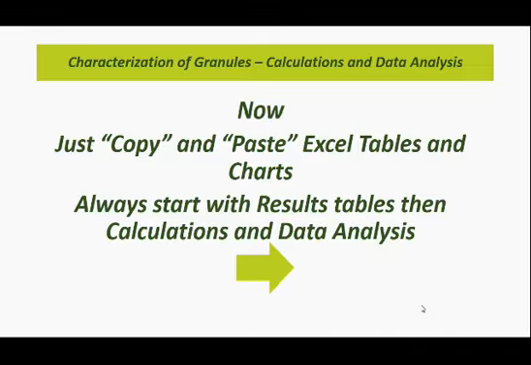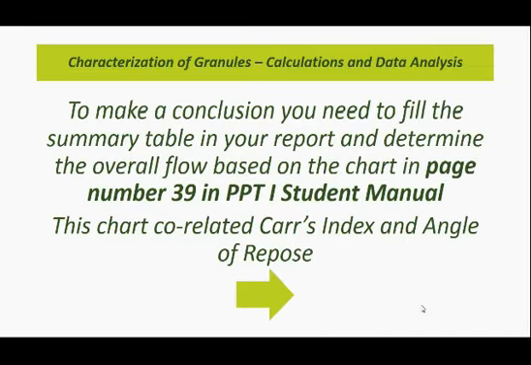Always start with results tables, then calculations and data analysis. To make your final conclusion, you need to fill the summary table in your report and determine the overall flow based on the chart in page number 39 in your student manual.